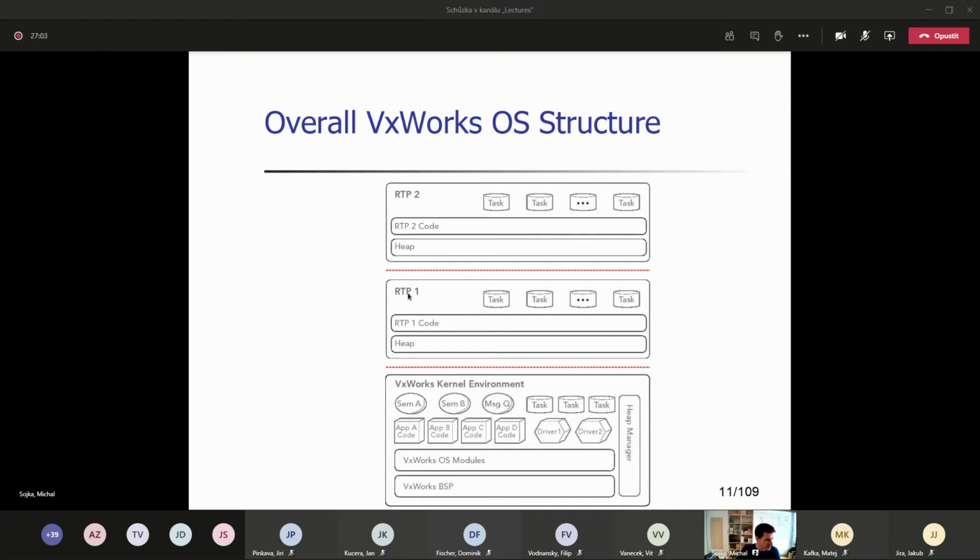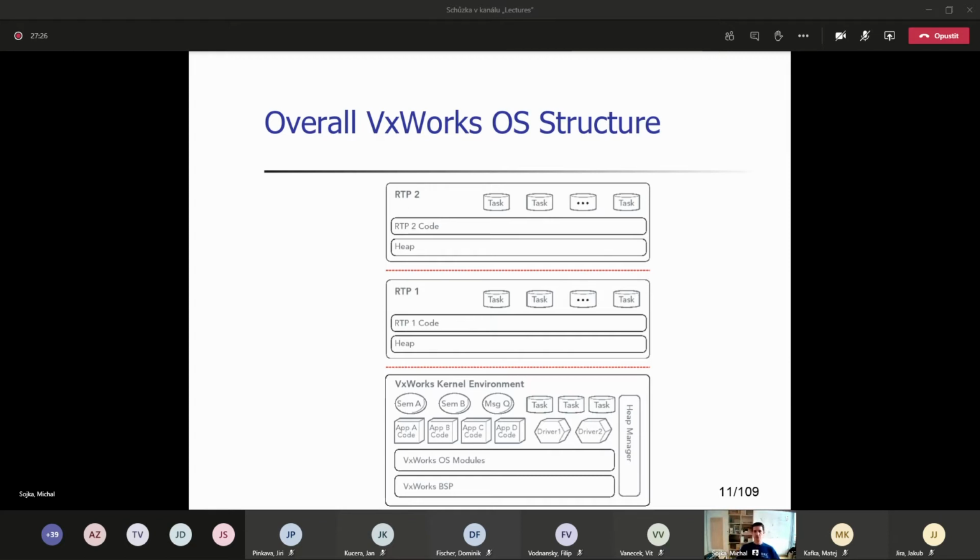And again, the real-time process is composed of tasks. In other operating systems, it's called threads. And those threads are running some code and work with some memory. This is basically the same as in the other environment. So from this point of view, it's a standard operating system, nothing fancy.